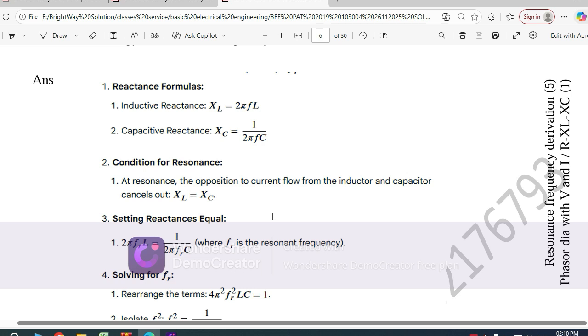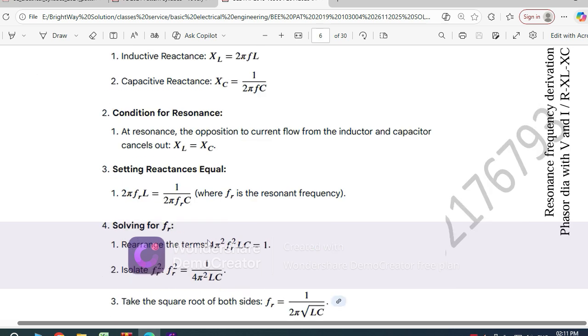The reactance formulas are XL equal to 2 pi fL and XC equal to 1 upon 2 pi fC. This is capacitive reactance and inductive reactance. Both are equal, so we require a balance to occur for resonance.